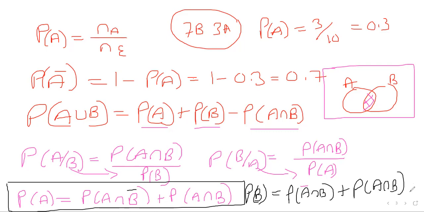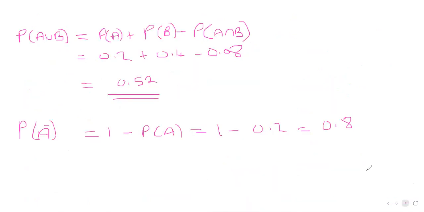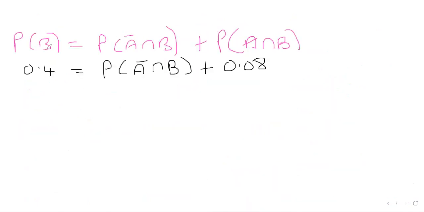So in this case, the reason why we are interested in knowing where the bar is, it will help us just straight away go to the formula. If the bar is on A, then don't think twice, just know that the subject of the formula is B. So just write it here to say P(B) equals P(A complement intersection B) plus P(A intersection B). Then we are already given the probability of B is 0.4.